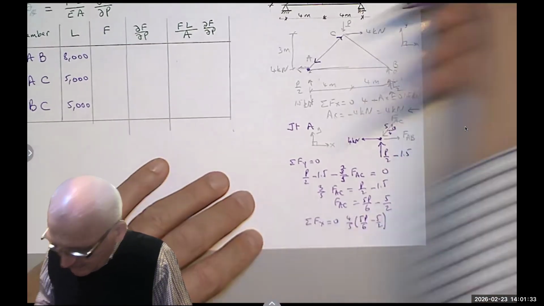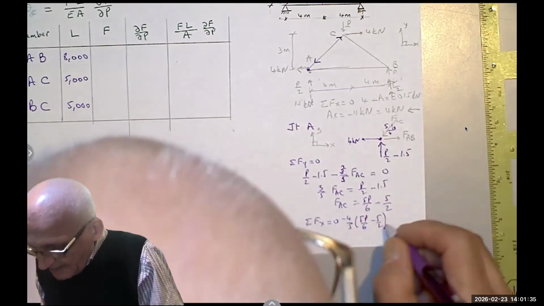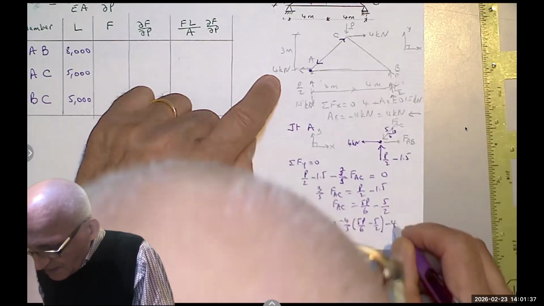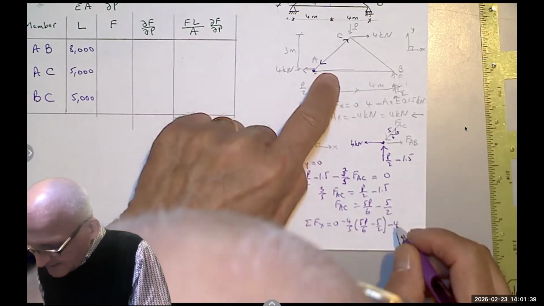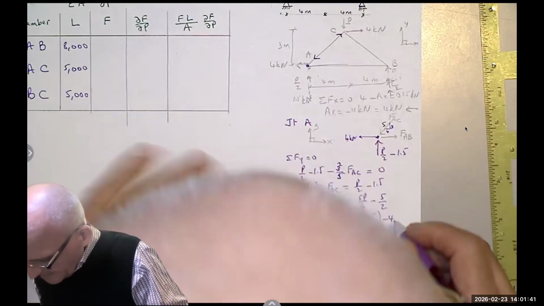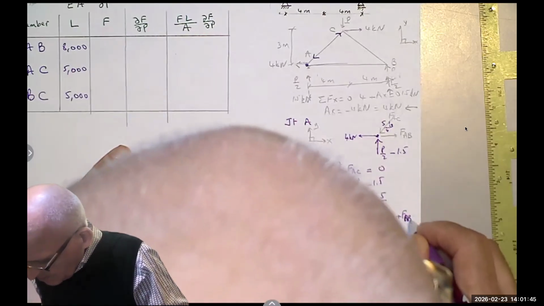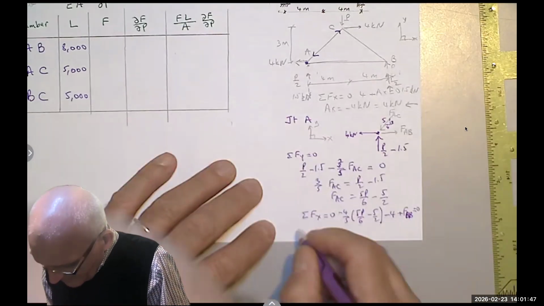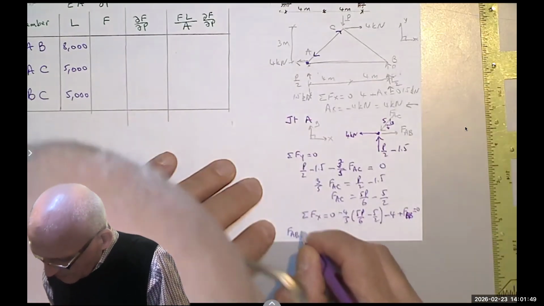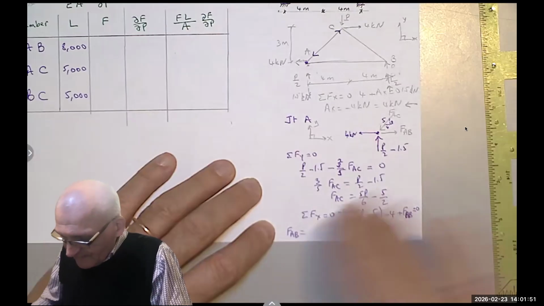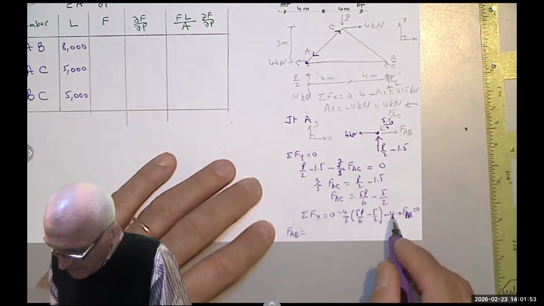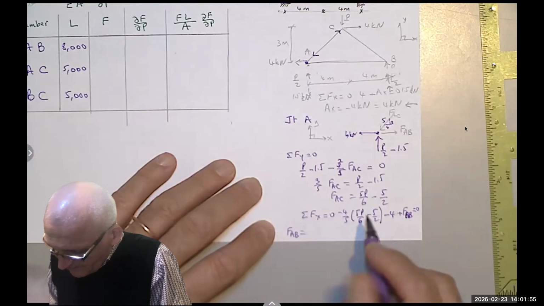That's negative because it's pointing to the left, minus 4 plus FAB equals 0.